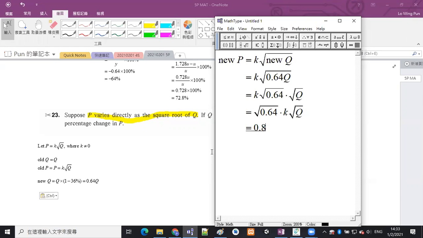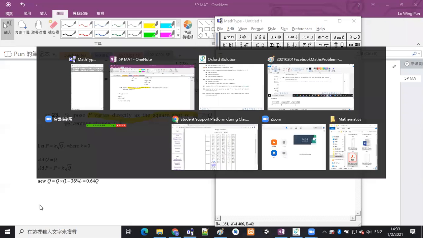It should be 0.8. And K times root Q can be changed to P using our preparation. So it will be 0.8P. That is our new P.